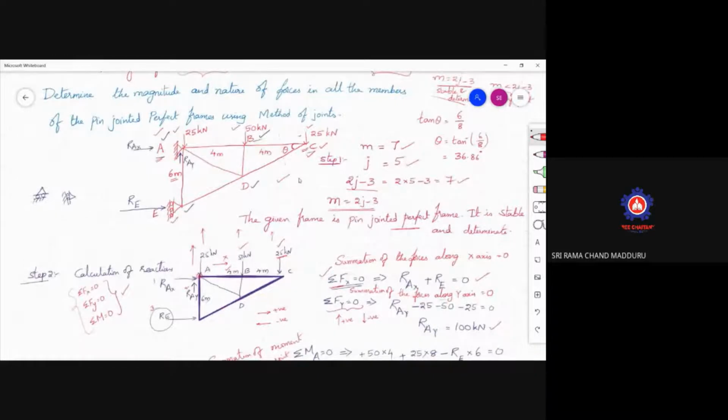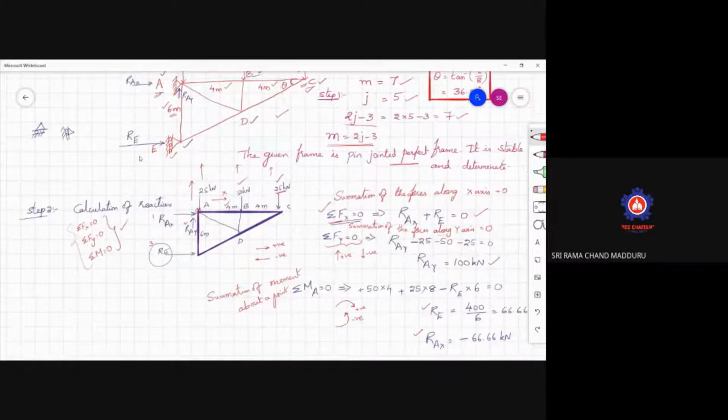How did you get this angle? It is not given in the problem, but the dimensions are given. 4 meters, 4 meters, total 8 meters, and this is 6 meters. So tan inverse of 6 by 8 gives the angle 36.86 degrees.